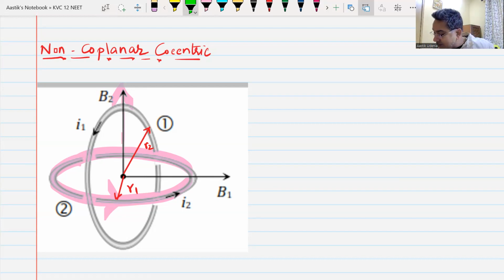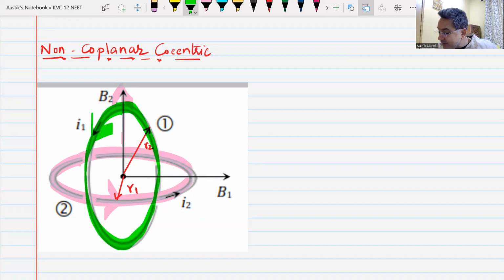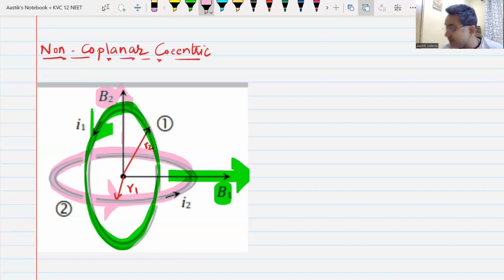Then we have this green coil, which carries current like this. So you turn your fingers like this, and you can see the magnetic field because of this green coil is going in the rightward direction. Do we see this? B1 and this B2. They are going in different directions.